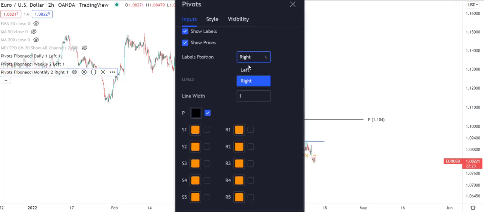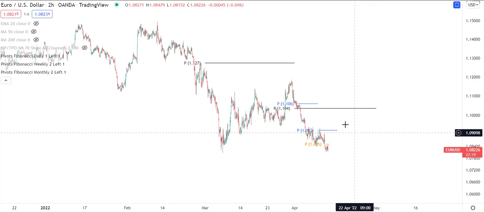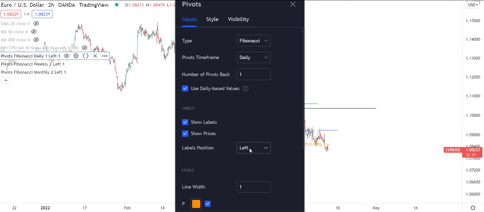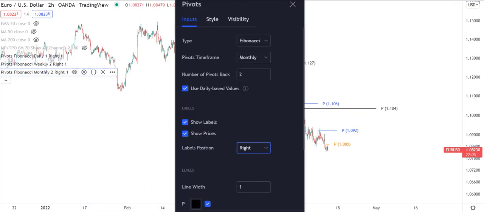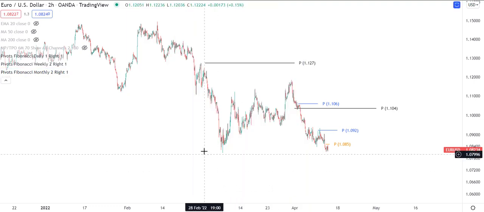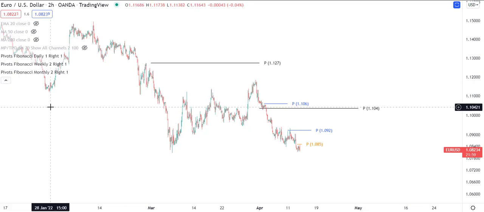They have updated the indicator lately. The numbers are overlapping with the line, which I don't like. Okay, this is much better. Tradable, readable.